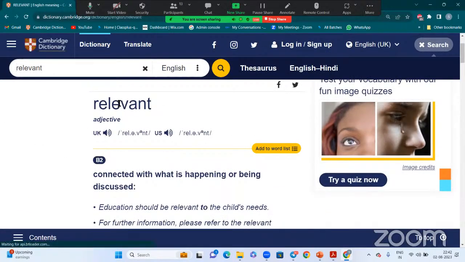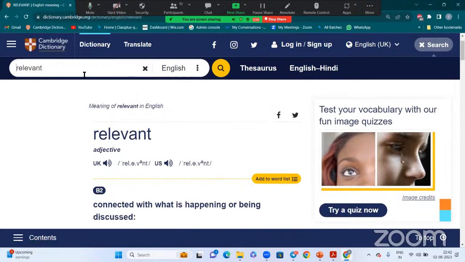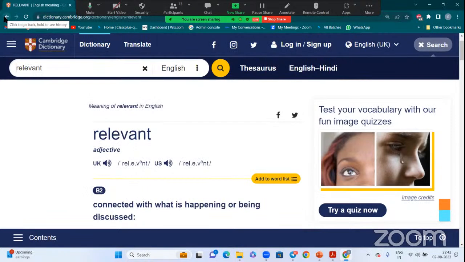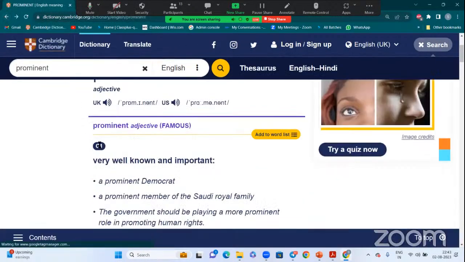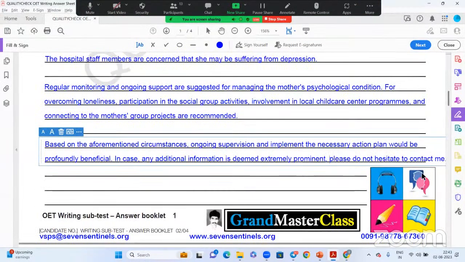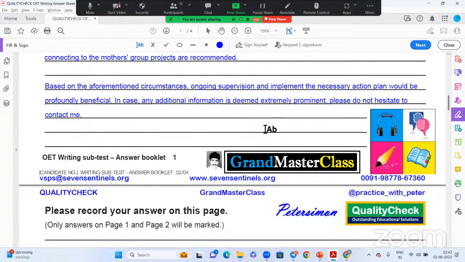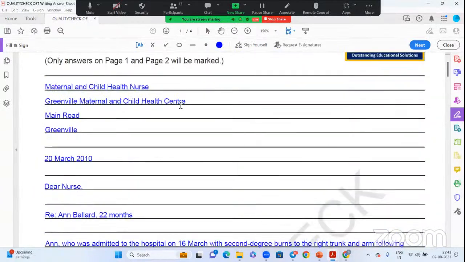See, I removed relevant and I put prominent. So from B2, that means maximum 349 to C1, that is 350 to 449. Okay, prominent C1. Please do not hesitate to contact me. That's it.